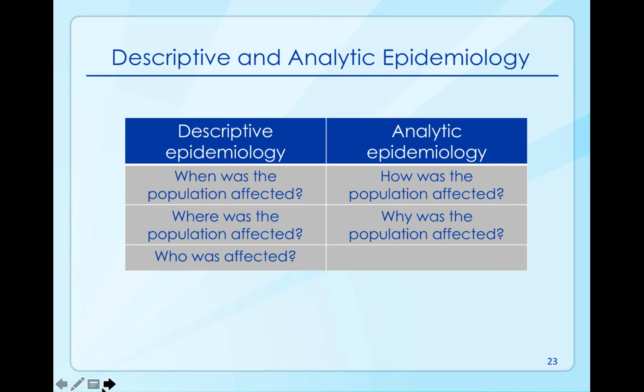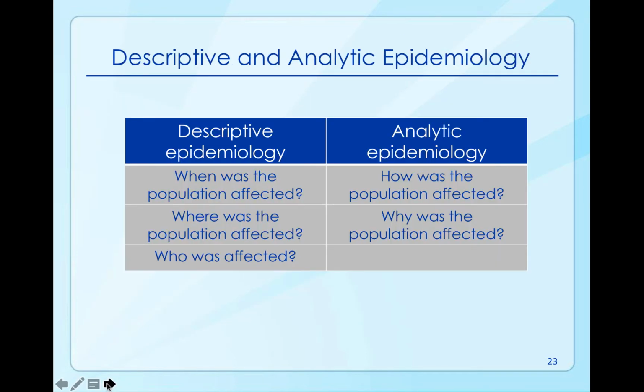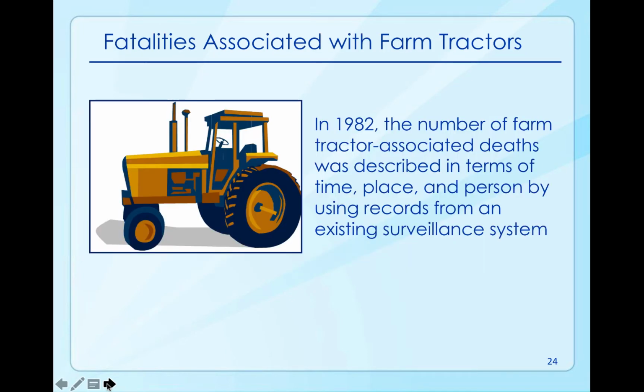So let's look at just a brief example. And I thought this was so interesting that this was the example they came up with. I was like, tractors? In 1982, the number of farm tractor associated deaths, this took place in Georgia. An epidemiologist in the Georgia Department of Public Health became really interested in the number of deaths associated with farm tractors.